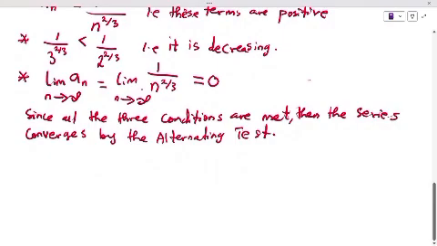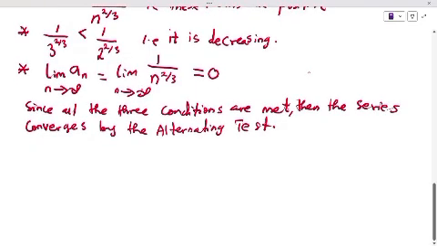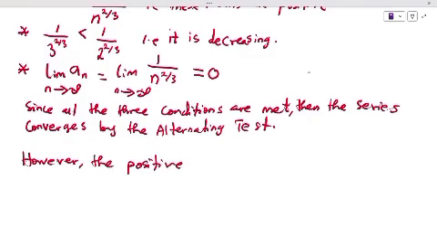So now let's find the absolute value. By the time we apply our absolute value, what are we going to get? Is it going to diverge? So let's check that out now. Okay, all right. So we can now say, however, the positive series, you know, it's an infinite series.